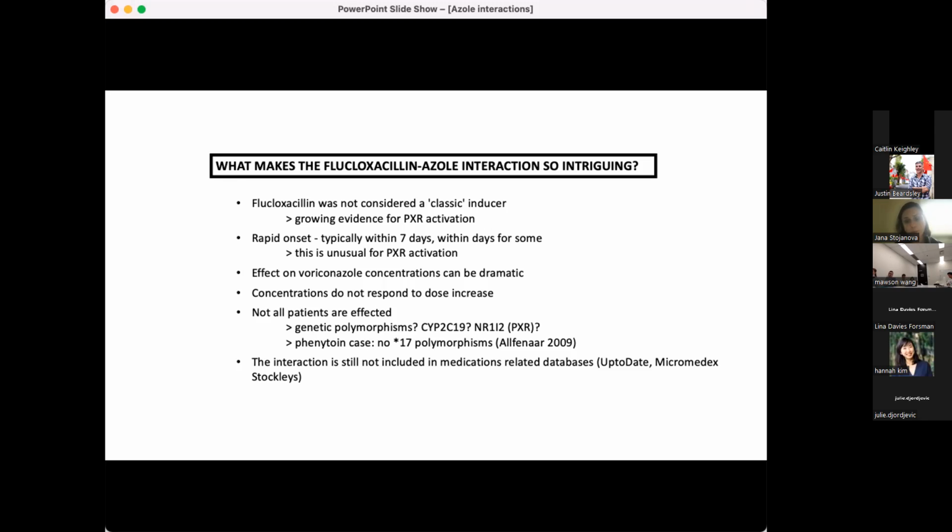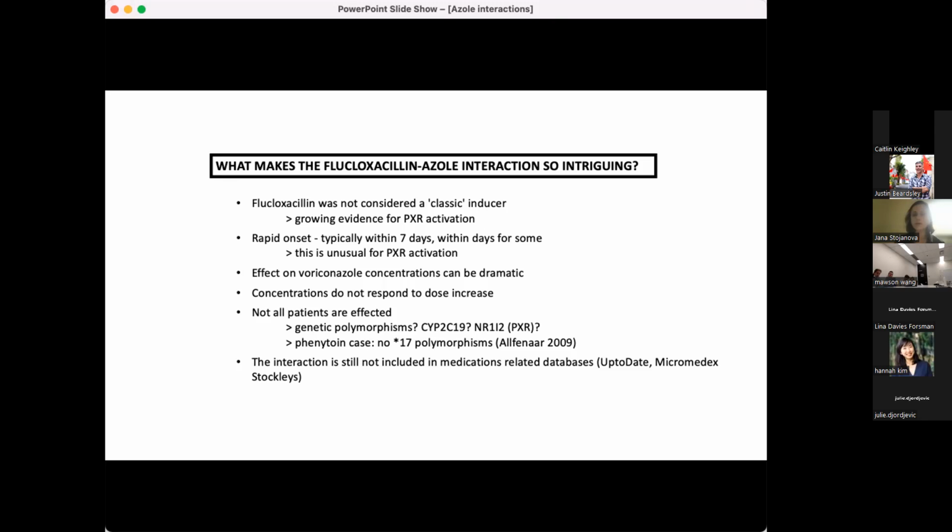So the effect on voriconazole concentrations can be dramatic. They go very low. They don't respond to dose increase. In the case of voriconazole especially, not all patients are affected. So perhaps genetic polymorphisms in CYP2C19, with the *17 polymorphism that I mentioned, is a possibility.